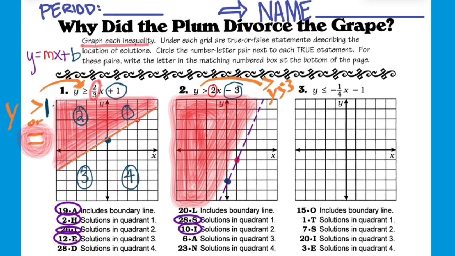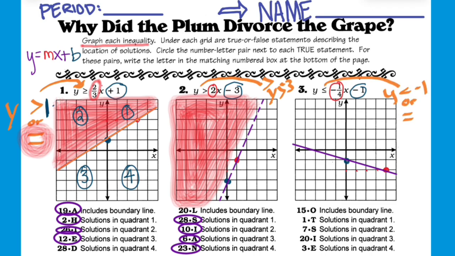All right, let's try number 3. I start with -1. I do my negative slope, and I check to see, can it be equal to this? And it can, so I leave that line solid because it can be on the line.